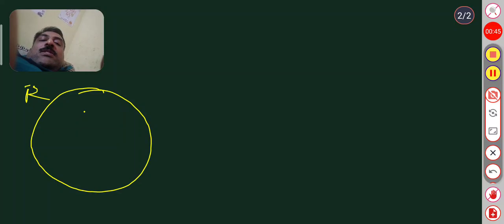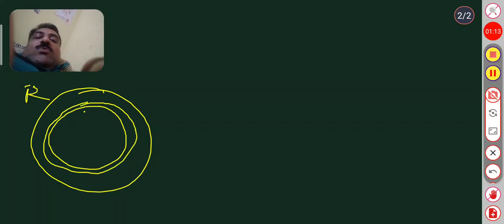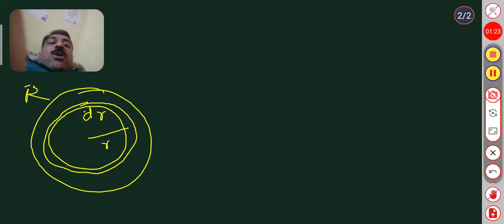Let me consider a small shell here, which is at a distance r from the center, and the thickness of the shell is say dr. The shell is now experiencing a force due to this core.